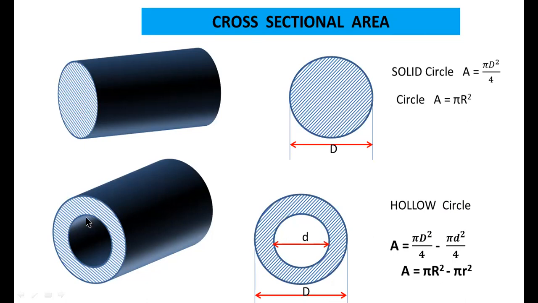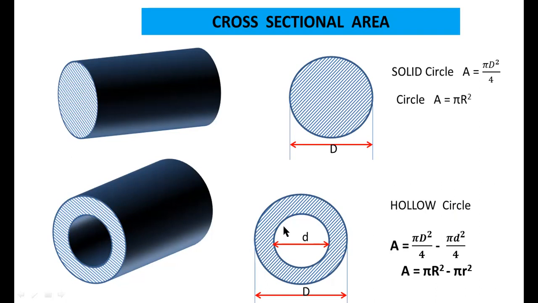Okay, this is a hollow circular cross section or hollow pipe, or hollow shaft. This hollow shaft has two circles, the outside circle being solid and the inside circle being hollow. The formula for cross sectional area for solid shaft equals pi by 4 d square, whereas cross sectional area for hollow shaft equals pi by 4 d square for the outside circle minus pi by 4 d square for the inside circle.